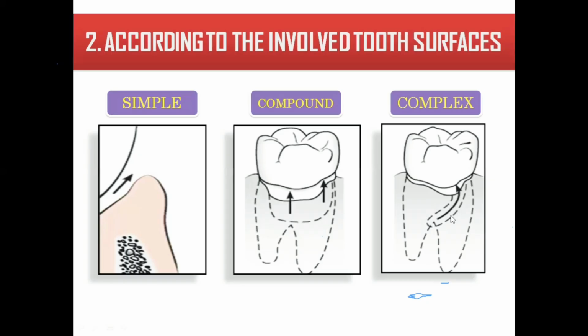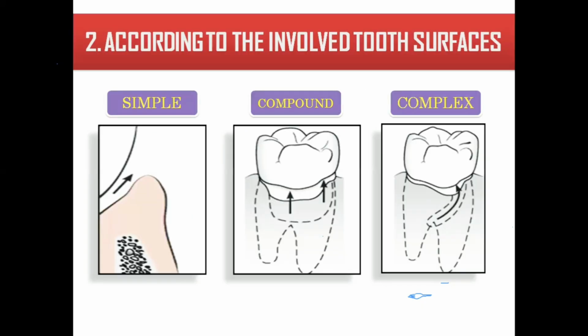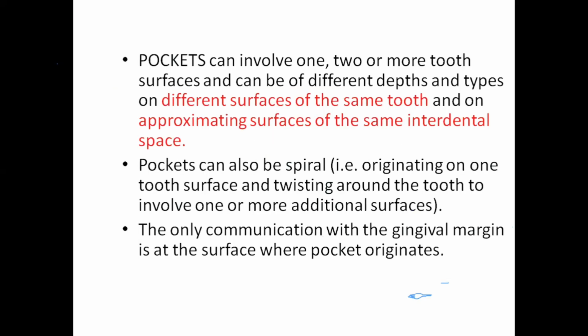For example, the pocket has the base on the lingual surface, then it spirals around the tooth from the mesial or distal side and opens on the buccal side. In such cases, the pocket contents present at the base will not be drained. They will accumulate, and there will be chances of forming an abscess. Done. I hope I have made it very clear.